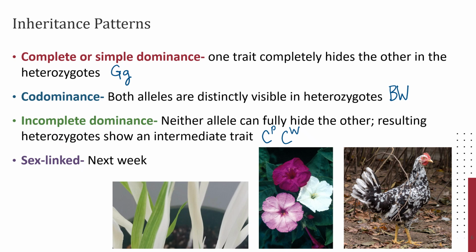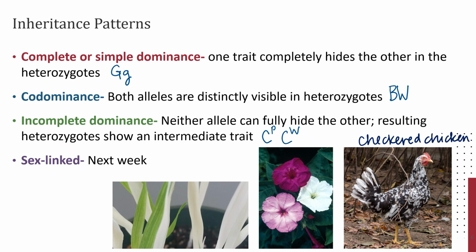Another possibility is something called codominance. This is where both of the phenotypes are seen in the heterozygote. So both of them are distinctly visible. For example, we have this black and white chicken here. The checkered chicken is the result of a codominant allele situation.